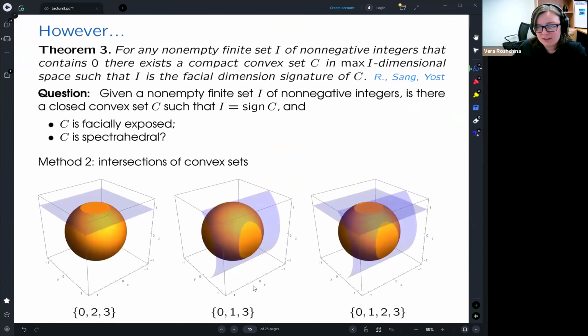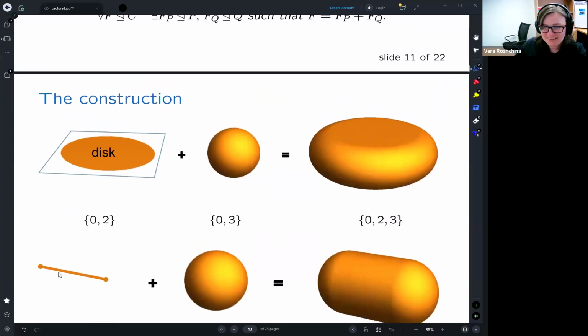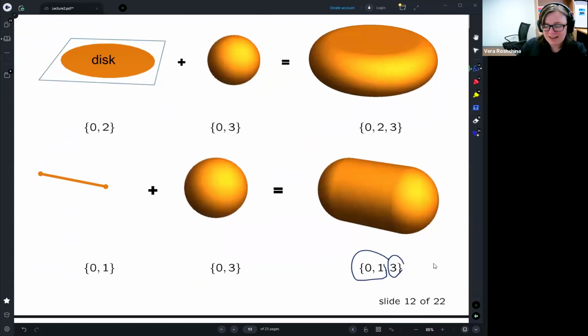Now, the problem with Minkowski addition is that the sets that I obtain are not facially exposed. When I add a Euclidean ball to something like this, for some of these faces I can't slice them off with a hyperplane, so they're not exposed.